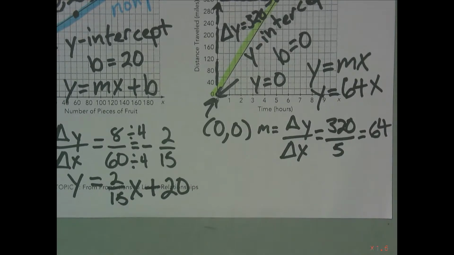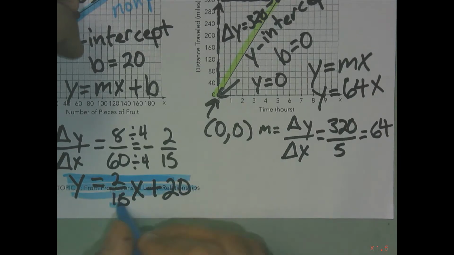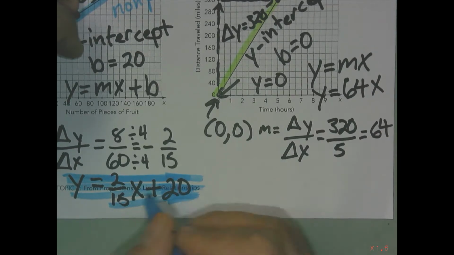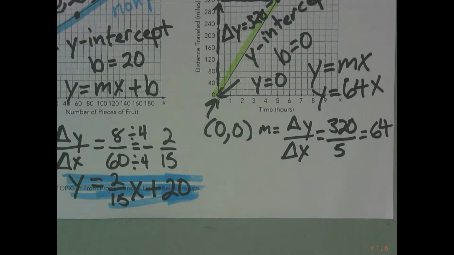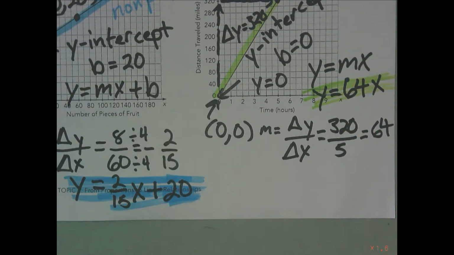So I'm just substituting the 64 in for the m. So this is a non-proportional relationship because it has an initial value of 20. And this one over here is a proportional relationship because my initial value is 0. Goes through the origin. Okay?